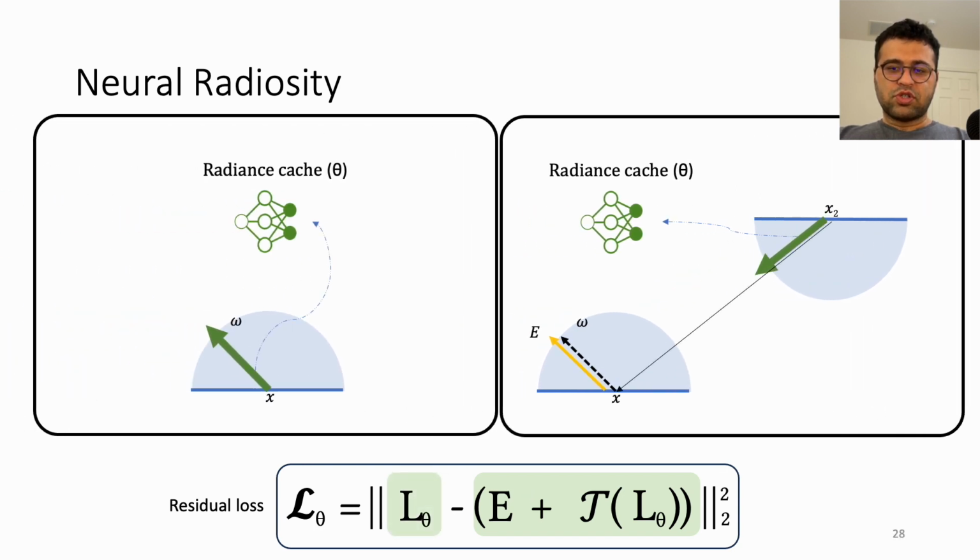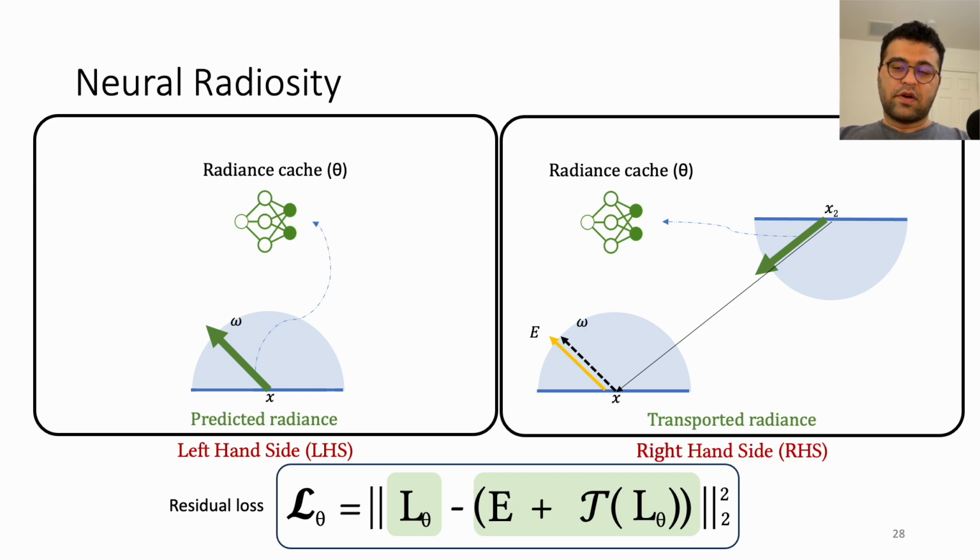In a few words, the goal of the residual loss in neuroradiosity is to make sure that at a given location and direction, the predicted radiance is equal to the transported radiance. Or in other words, if we use the original terminology of neuroradiosity, the left-hand side, LHS, should be equal to the right-hand side, RHS.